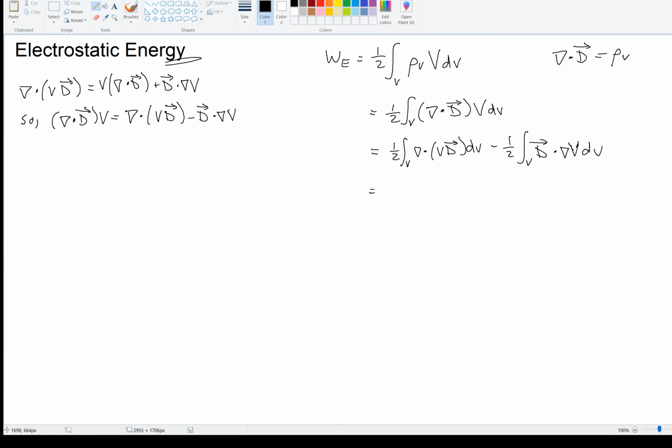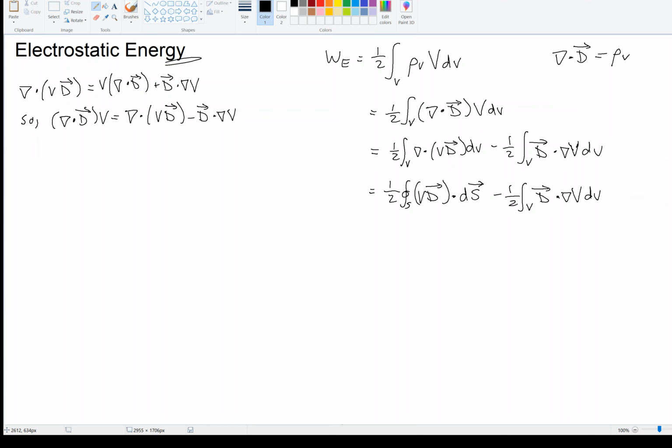Now we're going to apply the divergence theorem. Divergence theorem relates a volume integral, which we have here, to a closed surface integral. Nice. So we're going to use the divergence theorem here on the left to make this like this.